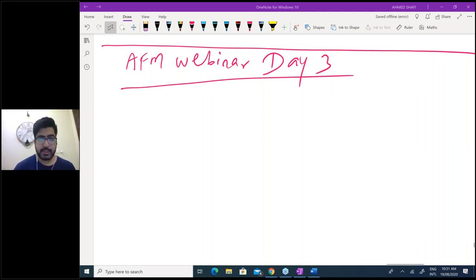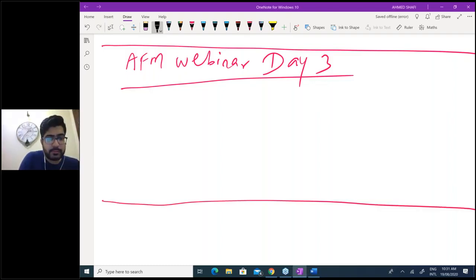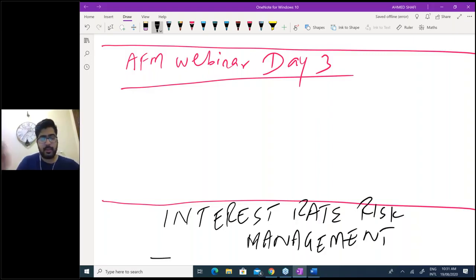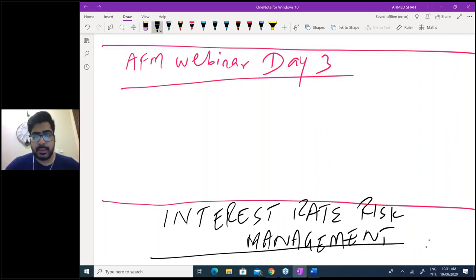Okay, so in today's session, we will be focusing on an area called interest rate risk management. In the last session, we discussed currency risk management, and today we will be discussing interest rate risk management.